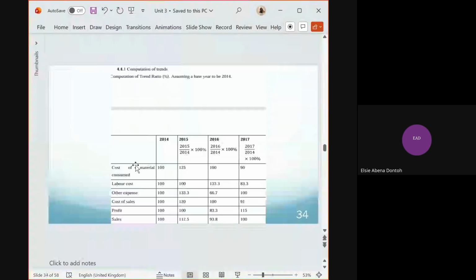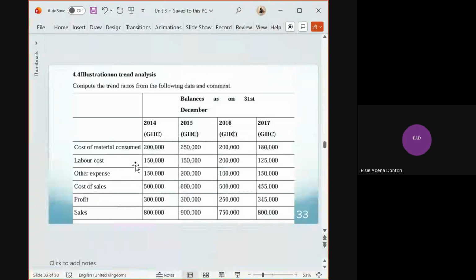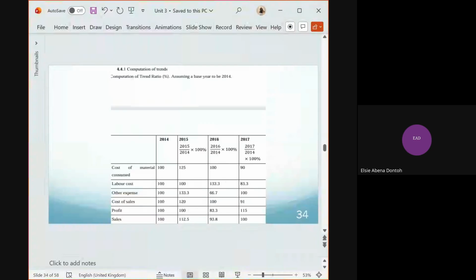Illustration of trend analysis. Compute the trend ratios from the following data and comments. So cost of material, we have for 2014 through to 2017. So we have cost of materials consumed, labor costs, other expense, cost of sales, profits, and then sales.